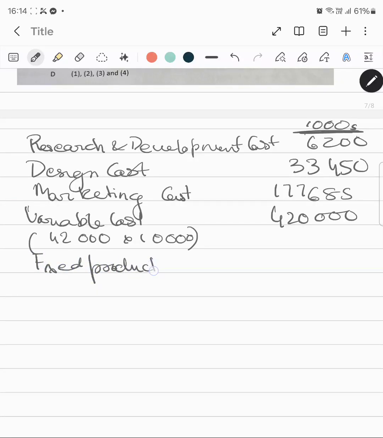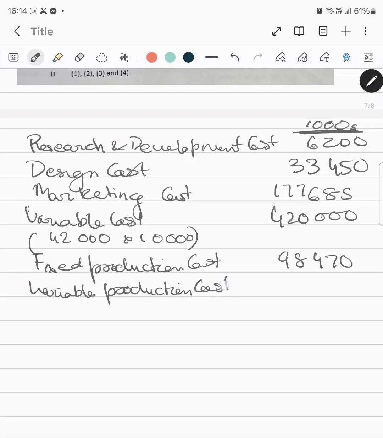And after that, I will take fixed production cost, which is 98,470. Then again, I have this variable production cost. Now this is 9,000 into 10,000, so this will be 90,000.